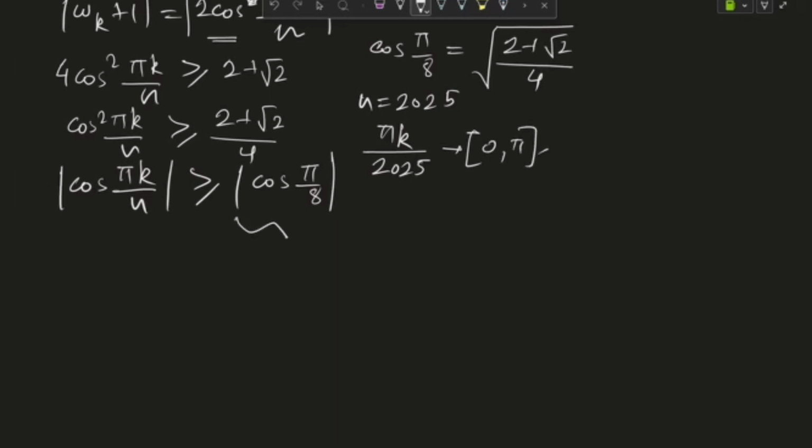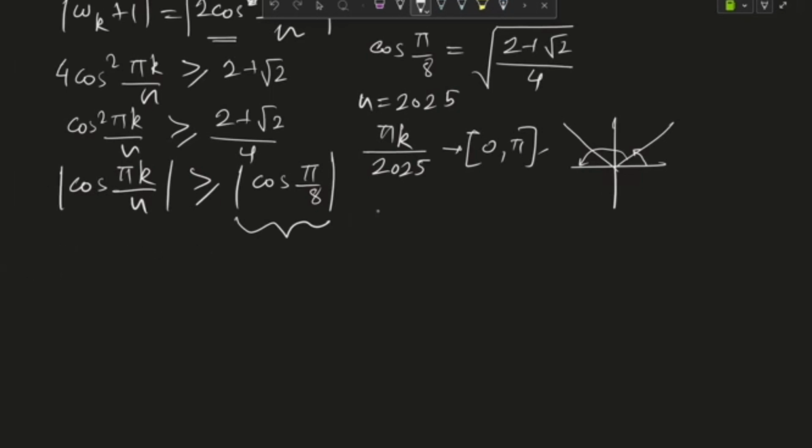But here we have the mod, and so this can be either pi by 8, like when we compare the angles, because cos of both sides are opening with positive basically, but cos of pi by 8 is also equal to cos of pi minus pi by 8. This mod can open with plus or minus. I hope you can understand. Like either pi by 8 somewhere here, or it can also be pi minus pi by 8.